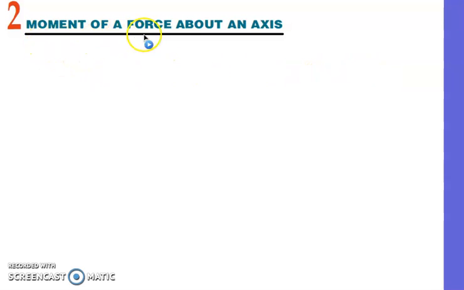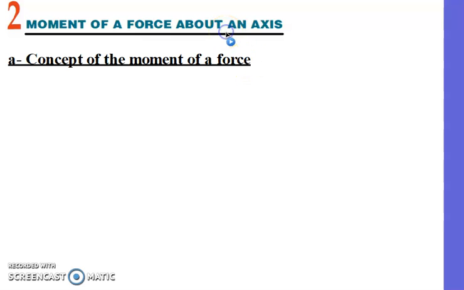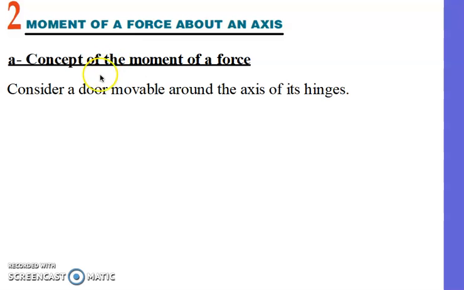Now, moment of a force about an axis. Let me first remind you of the moment of a force. Let's consider a door movable around the vertical axis of its hinges.